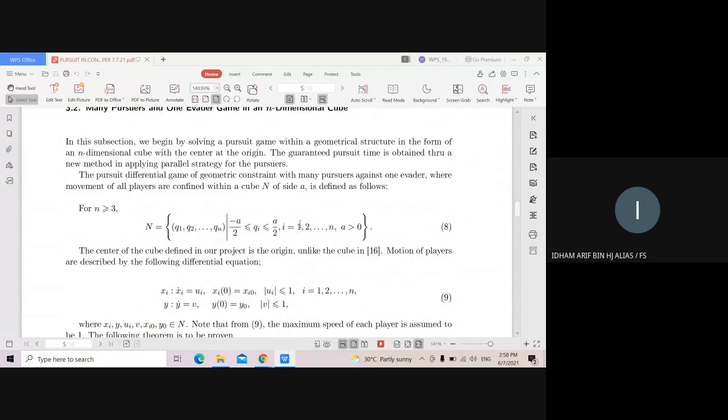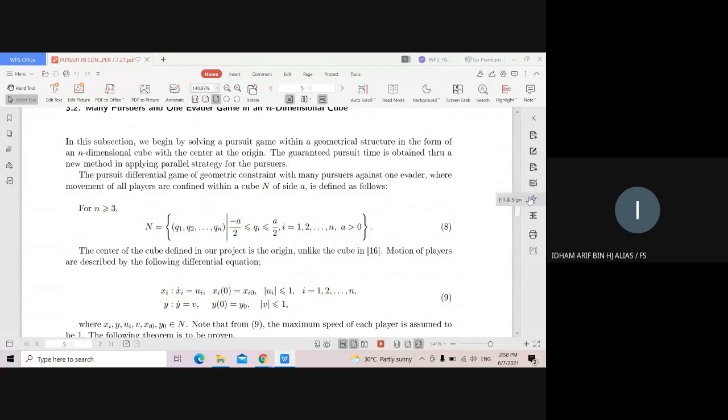The center of this cube is the origin, but the center of the cube in the previous work is not the origin.